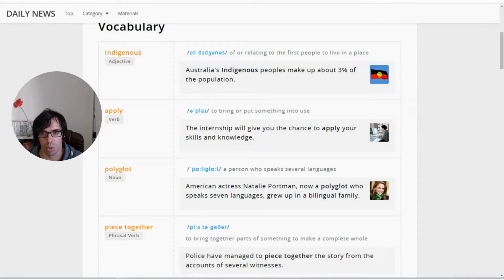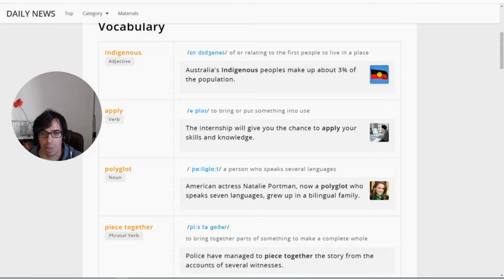So we can only use peoples if we're talking about a subset of people or people of a particular culture, etc. Otherwise, we would only really see people being used. So this isn't a mistake for anyone wondering. This is fine in this particular example. So Australia's indigenous peoples make up about 3% of the population.